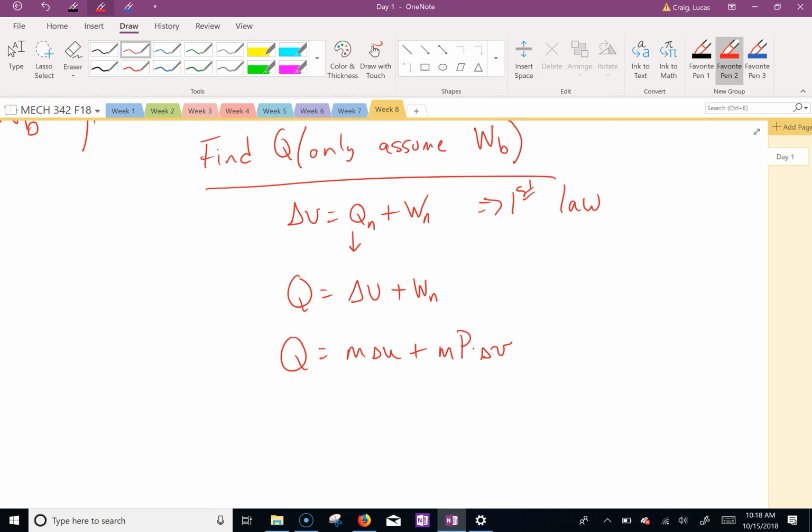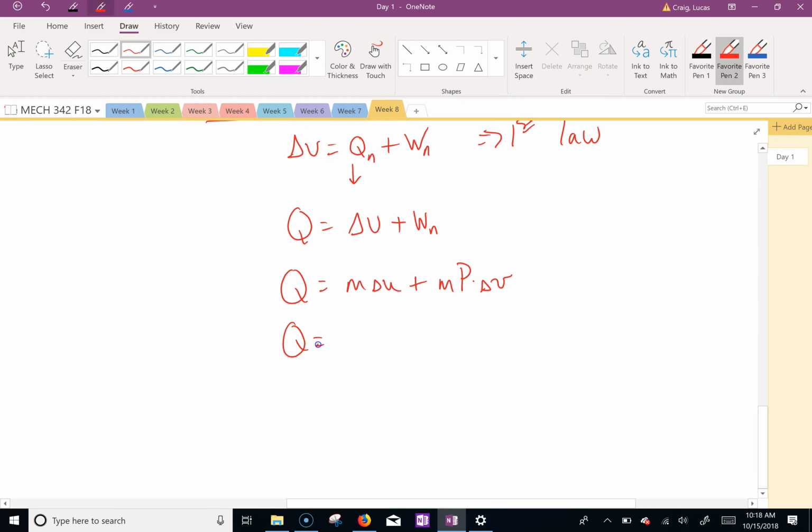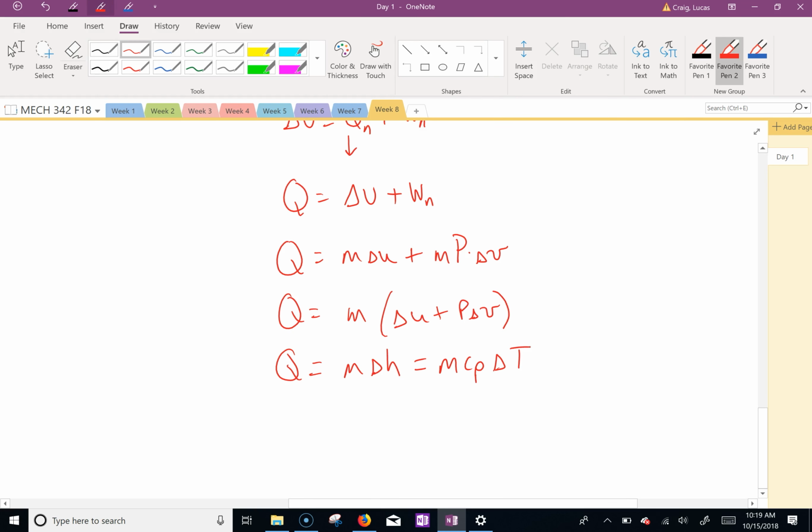I just plugged in those. I'm going to factor out the M. Anybody know what delta U plus P delta V is? Q is equal to M Cp delta T.